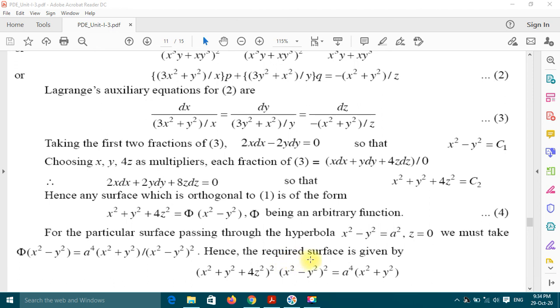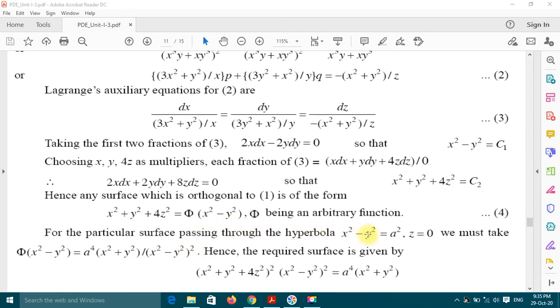Hence the required surface is given by (x² + y² + 4z²)²(x² − y²)² = a⁴(x² + y²). Here we have taken φ(x² − y²) = a⁴(x² + y²)/(x² − y²)².